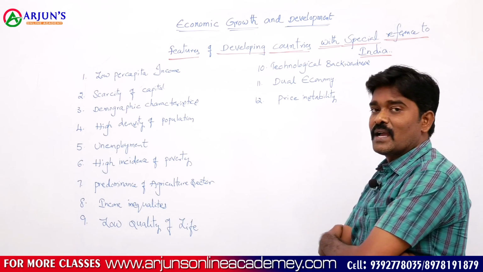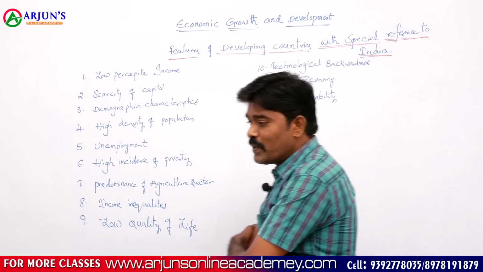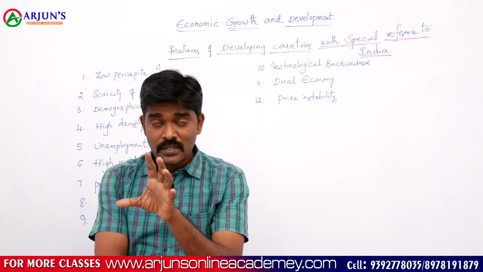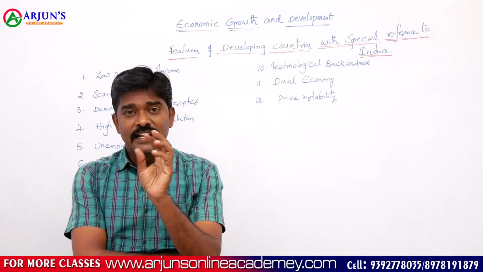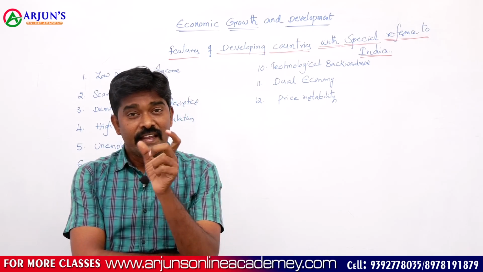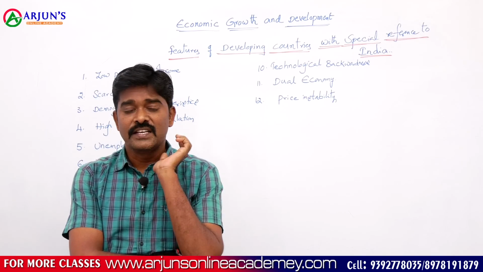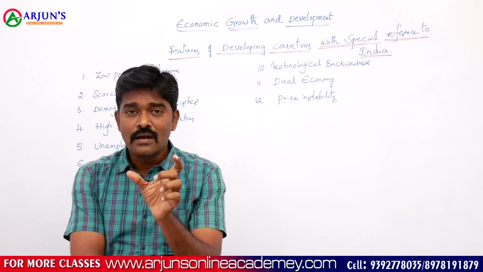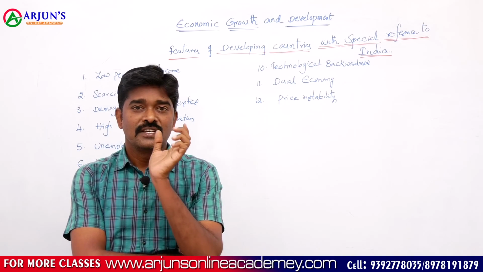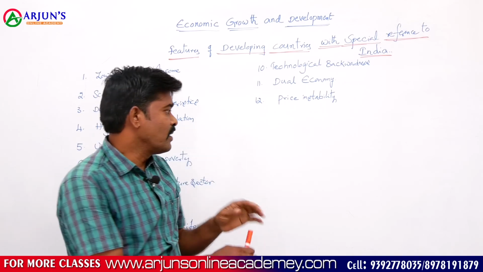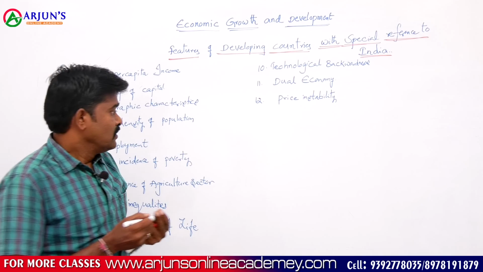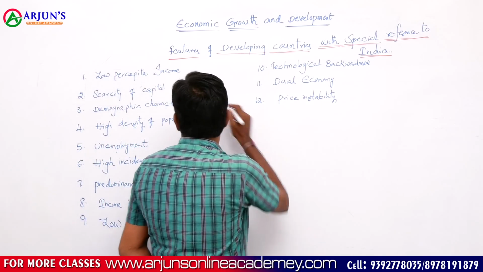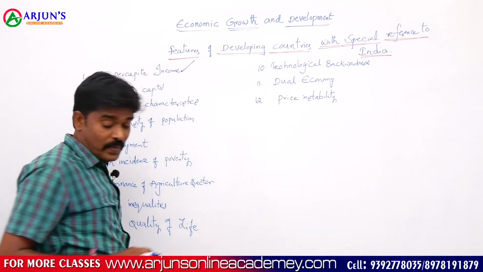What is low per capita income? Low per capita income relates to the relationship between the size of the national income and the size of the population. First one, low per capita income.